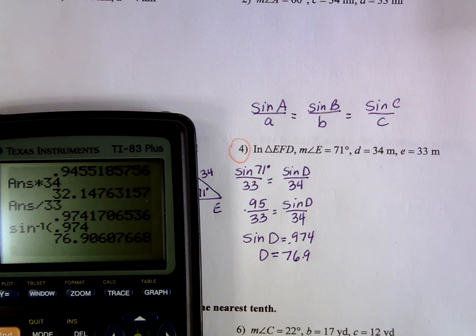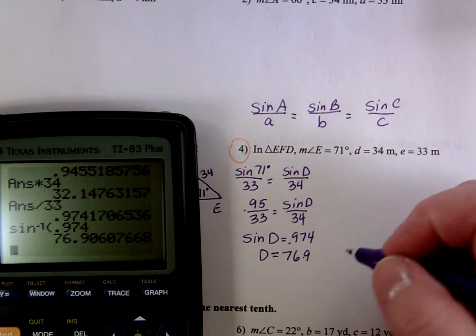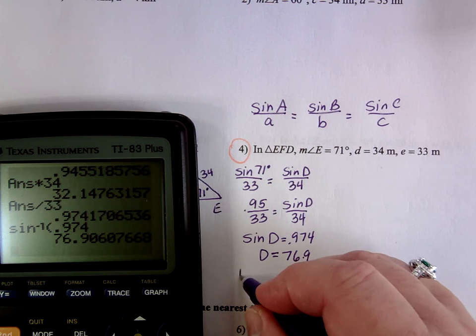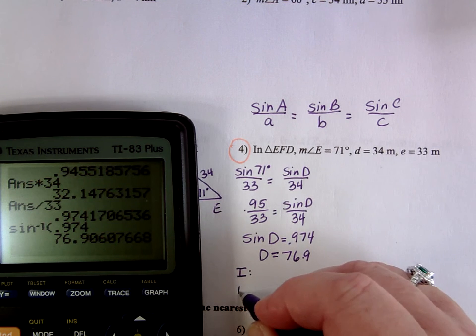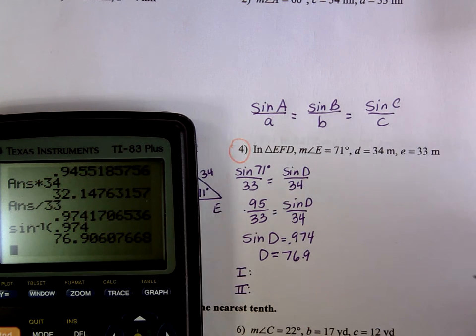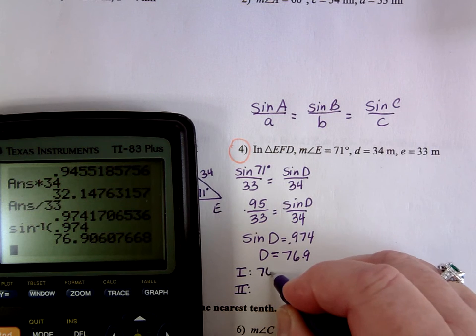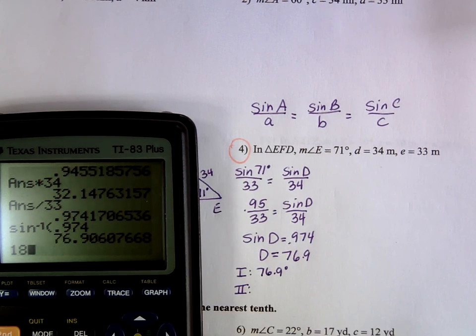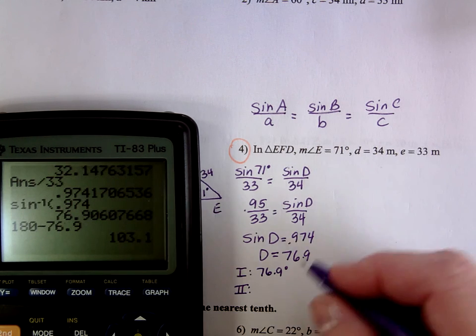If you want to round it to 77, that's fine. It's all in the neighborhood, right? So I know what the angle is. Remember the sign, because All Students Take Calculus, could be positive in the first or the second quadrants. So 76.9 degrees is what it is in the first quadrant. If it were in the second quadrant, it would be 180 minus that. I get 103.1.